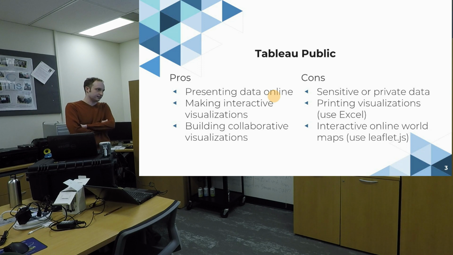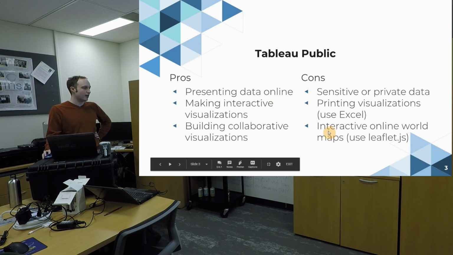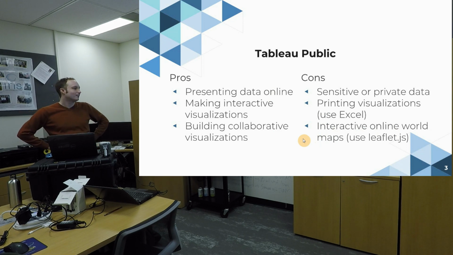A couple other cons I listed here: if you're going to create a print visualization, you're probably better off just using Excel to create a chart, or perhaps other programs. And the last thing is world maps are kind of annoying in it because they use, and this is a bit nerdy of me, the Mercator projection, which is the more standard projection that Google Maps uses, but is distorted.